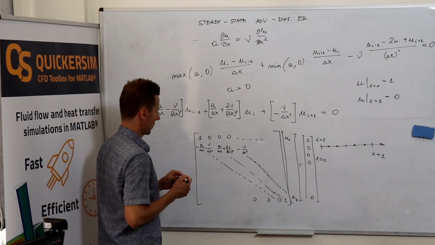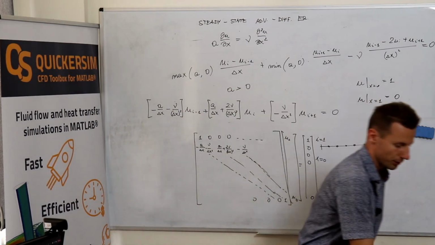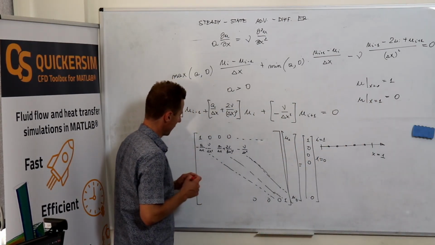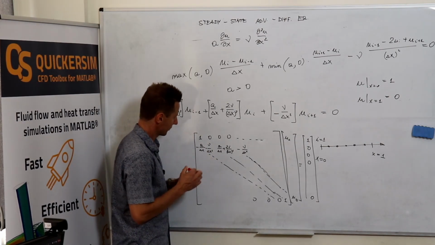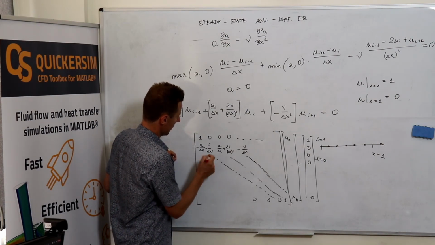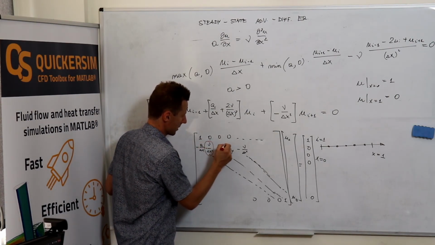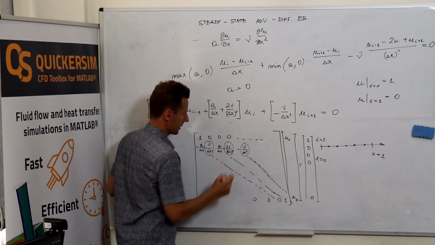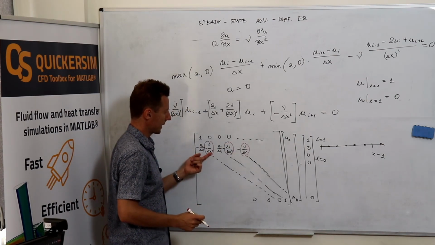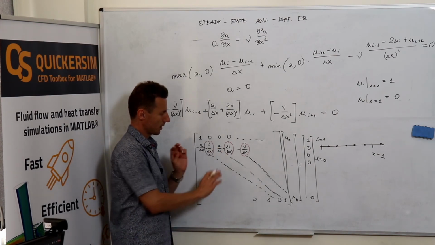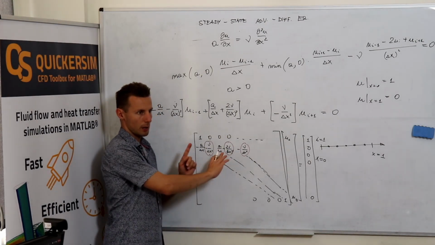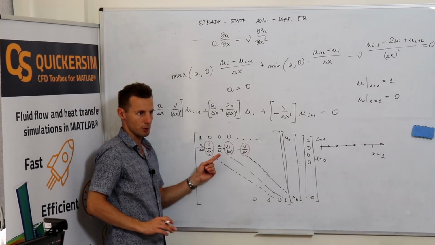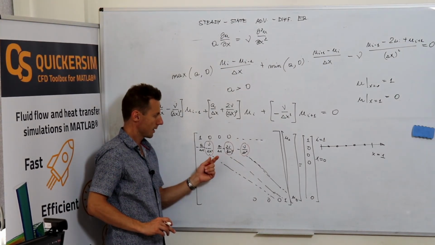Okay, now, if you have a look at the coefficients that come from the diffusion discretization, so only this, being on the main diagonal, then you should see that if you flip the matrix, you will come up with the same matrix. So diffusion always constitutes a symmetric matrix.